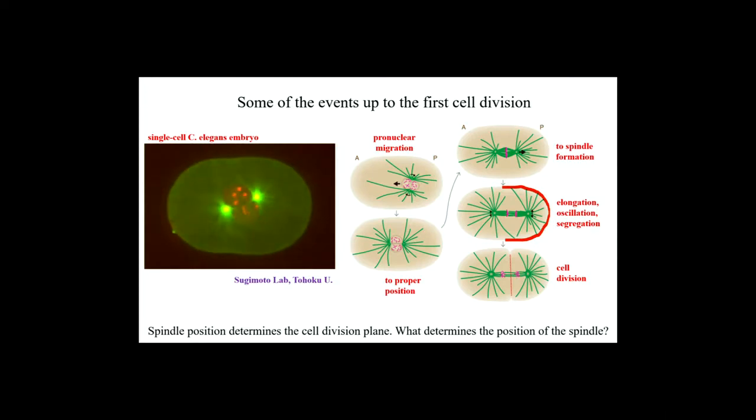But let me just show you a little movie, and this is from a lab in Tokyo at Tohoku University, run by Professor Sugimoto, who has let me use some of her data. What you're seeing here is the dynamics associated with the mitotic spindle that I showed you at some frozen time.